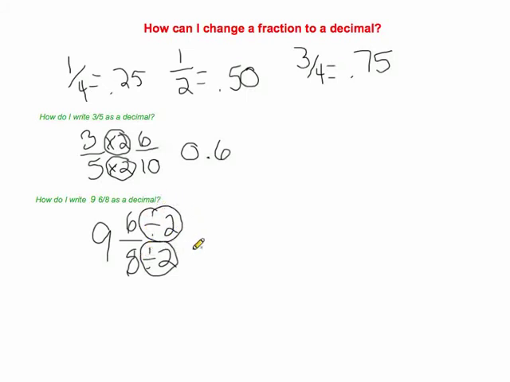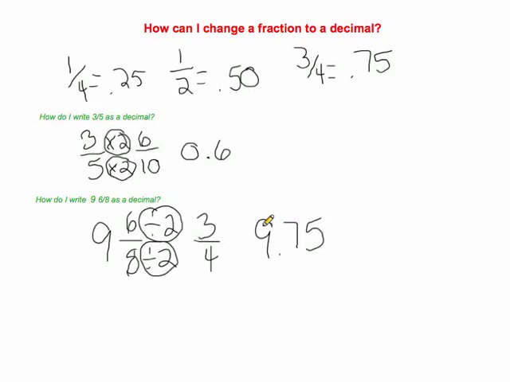So let's see, 8 divided by 2 is 4. 6 divided by 2 is 3. 3/4, that is one of our benchmark fractions. So I know that 3/4 is equal to 75 hundredths. So I'm going to bring the 9 over, and 3/4 I know is 0.75.